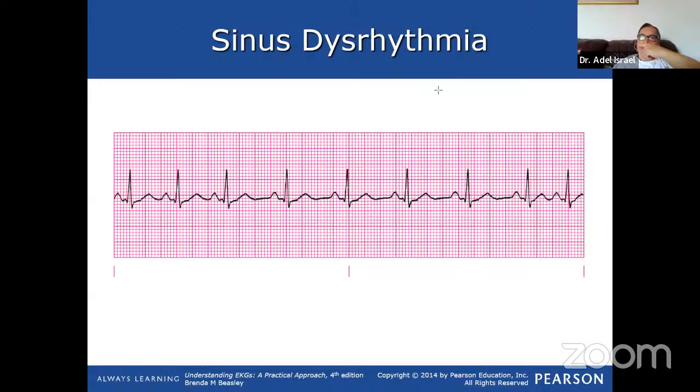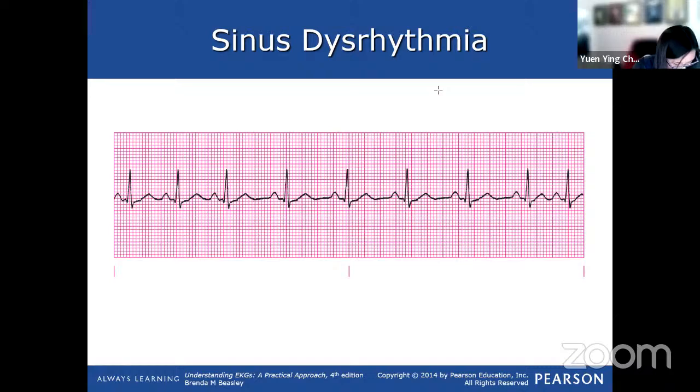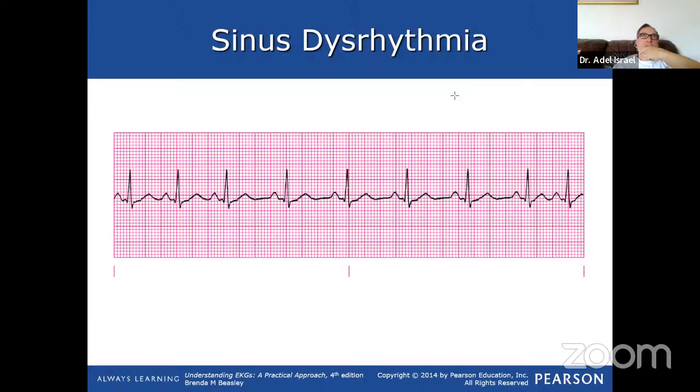Okay, and then all the QRS complexes look alike. Yes. Very good. And the time, I count the QRS complex is 2 small squares. Yes, correct.